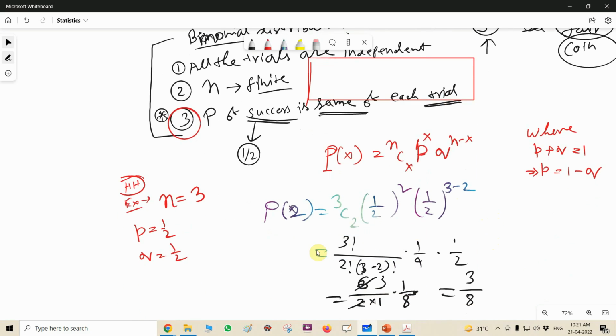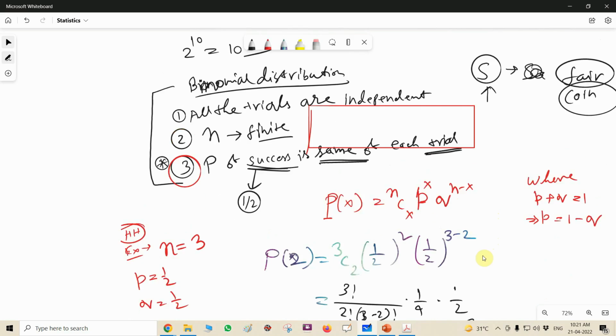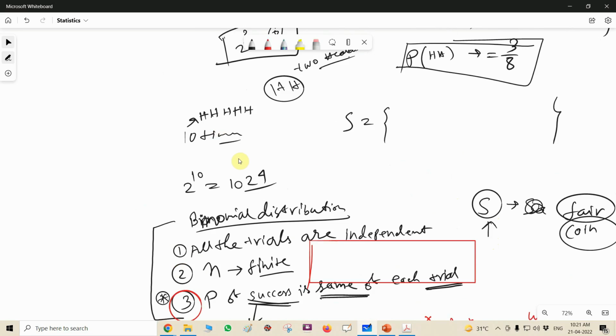For this case, suppose you are tossing 10 times, okay, and what are the chances of having this out of the 10 times? Means h 5 consecutive heads.